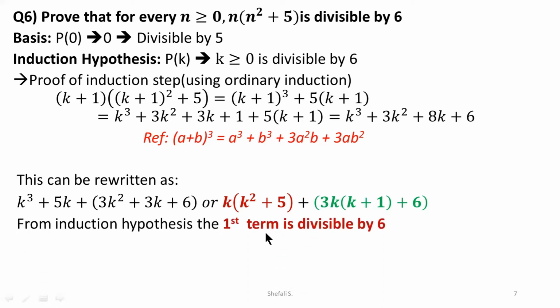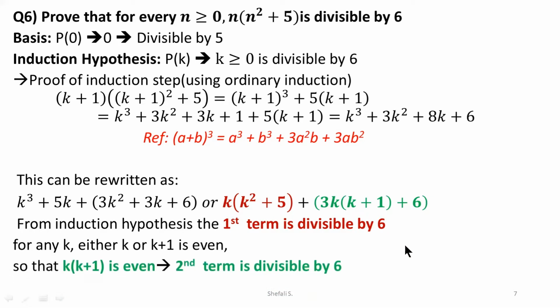Now the term given in the red color, this is the first term, that is divisible by 6, not by 5, because the induction hypothesis is saying so. So we have to accept this one. And now the other term, the green term, where two successive elements are there, k and k plus 1.